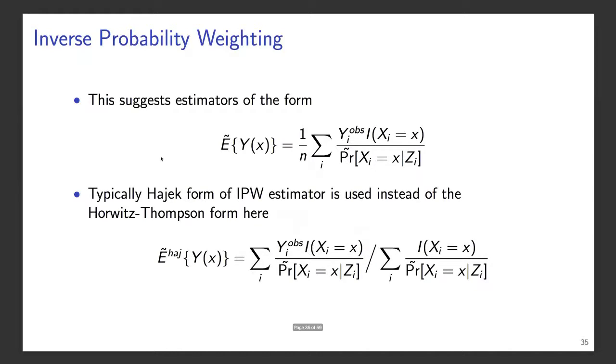So this suggests estimators of this form, where if you want to estimate the counterfactual mean had everybody received little x, you take a weighted average of the observed responses amongst folks who got little x, and you inverse weight them by the probability that they received little x given their covariates.